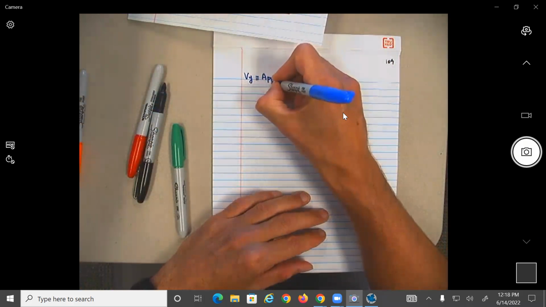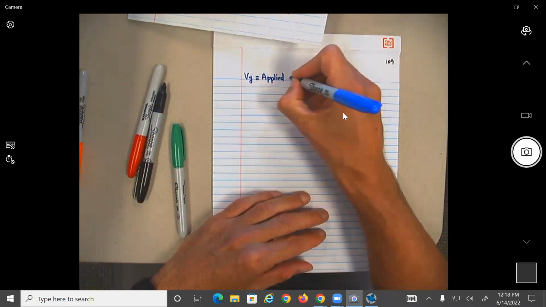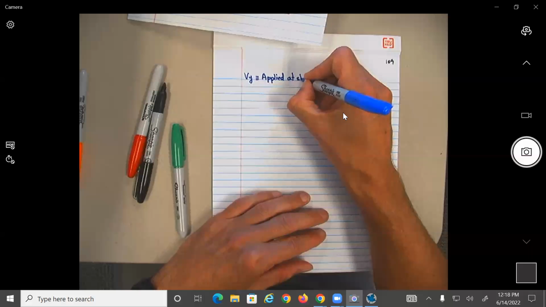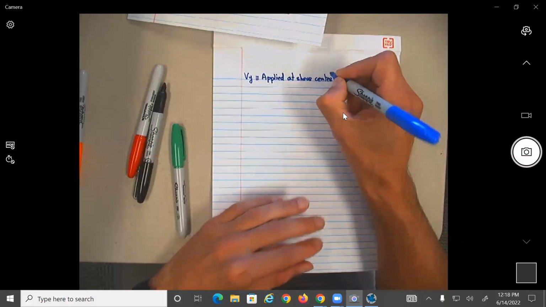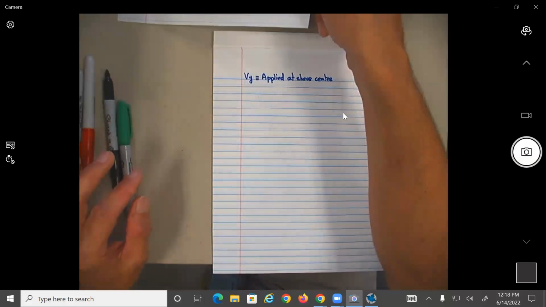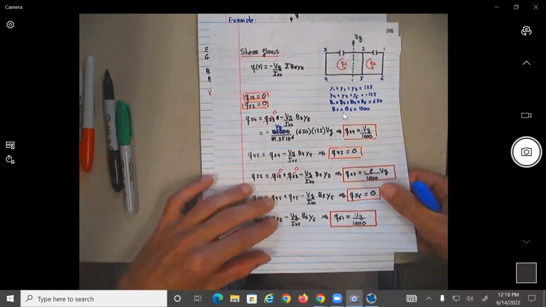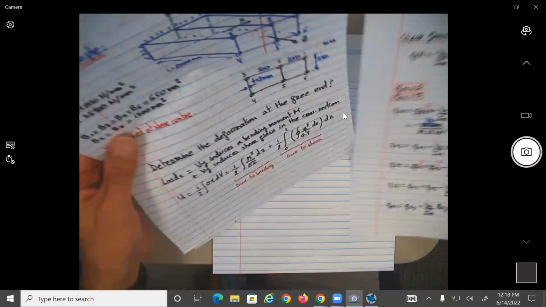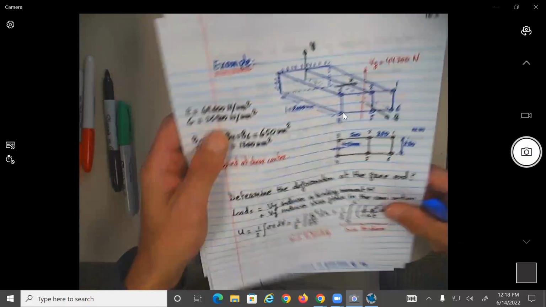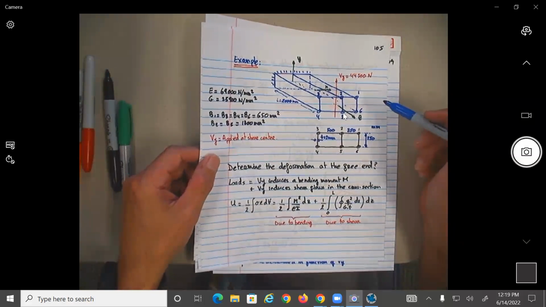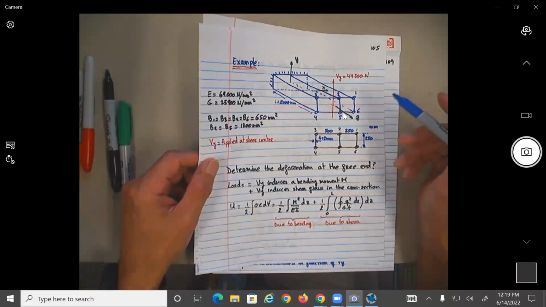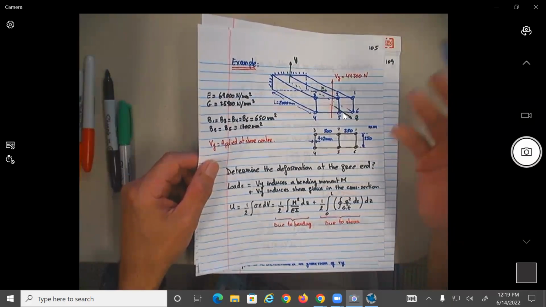It's applied at the shear center. Do we know the location of the shear center? We don't know it. Again, we could calculate it, but we don't need it, so we go around.